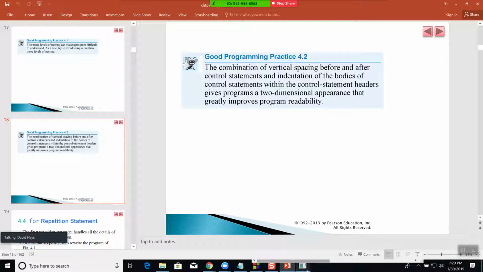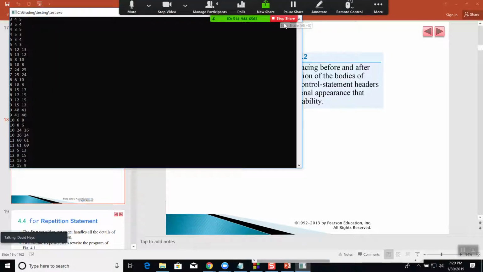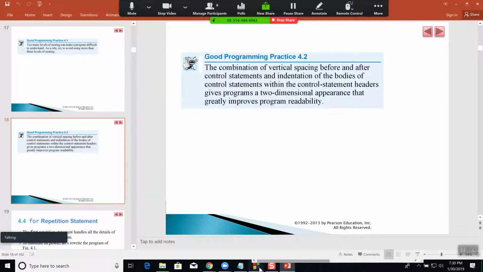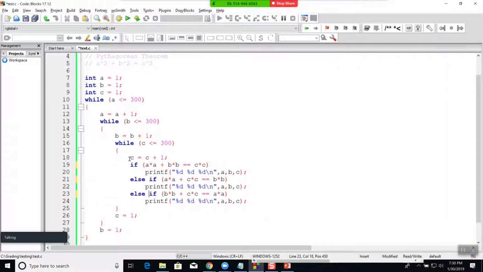So use spaces. Make sure things line up. Just like right here. Now, some of these IDEs do that for you, but it helps you to see them. Like if I did not put the spacing here, I would not know where this really belonged.